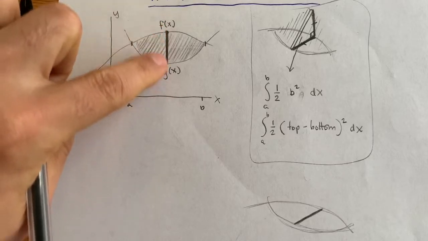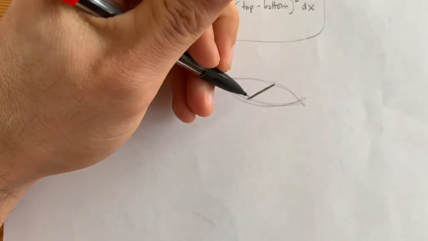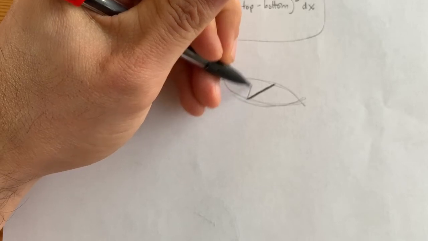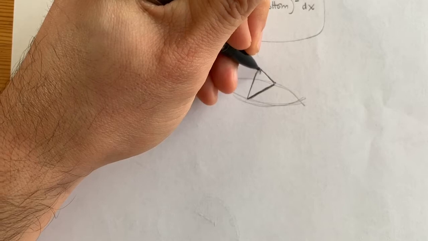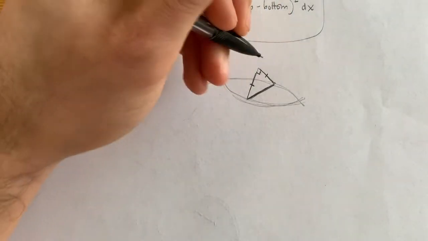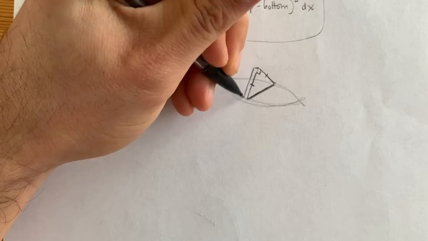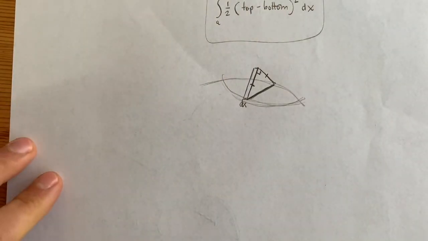So this line up here, up and down, is the hypotenuse of the right isosceles triangle. So the right angle would be right here, and then this side and this side would be the same. So this would be my shape right here with thickness dx.